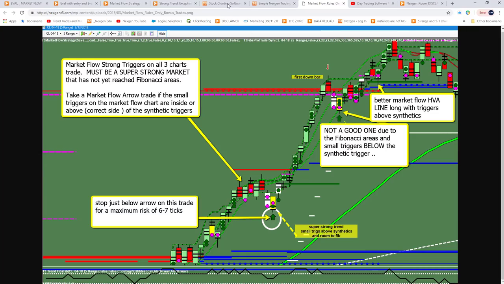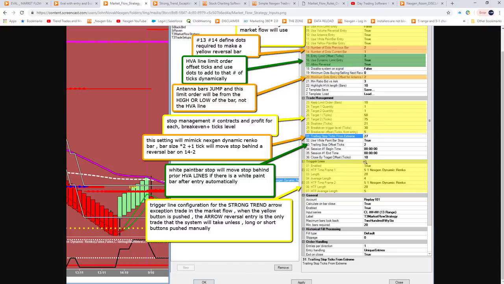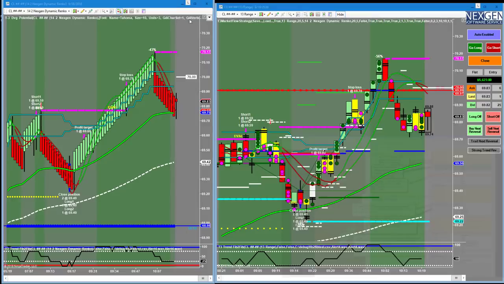The last final thing that we'll go through, these are the trigger line settings for that trade. So depending on what chart you're running, whether it's a 5 range and you're watching 14-2 triggers, again, you're going to have to set this depending on the size chart that you're using. Whether it's a 13 range and a 24-6 trigger like we were just using on this chart, that's what this one is.